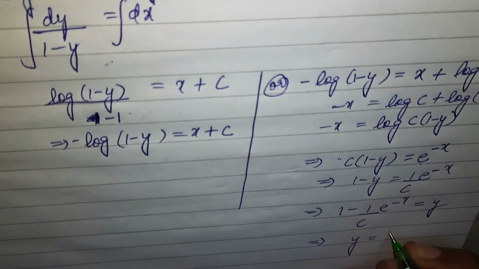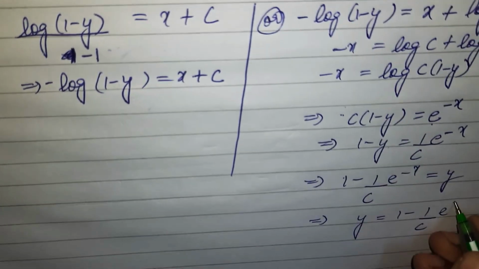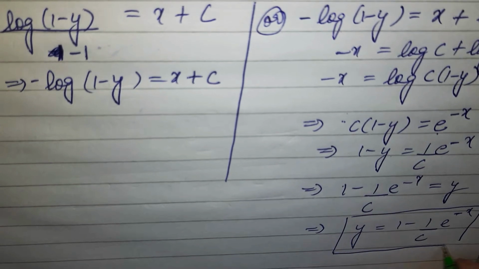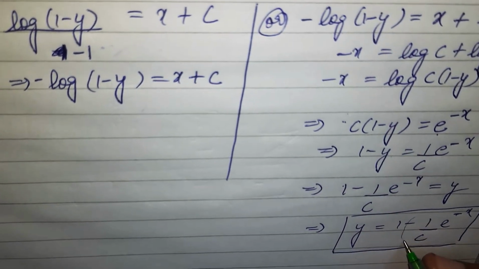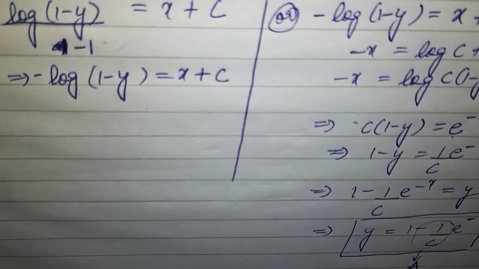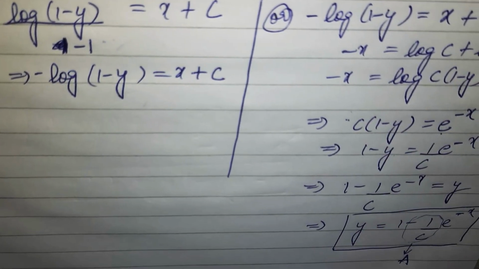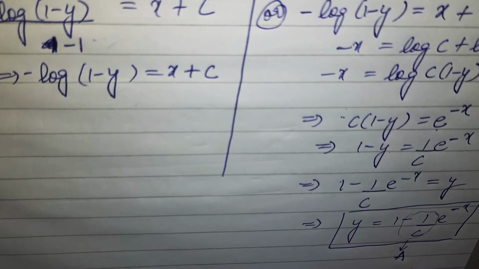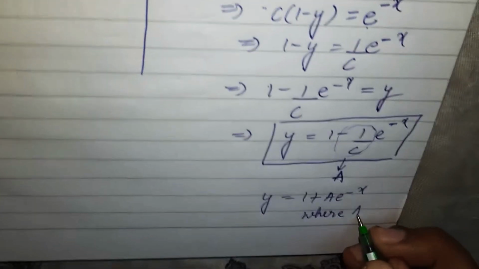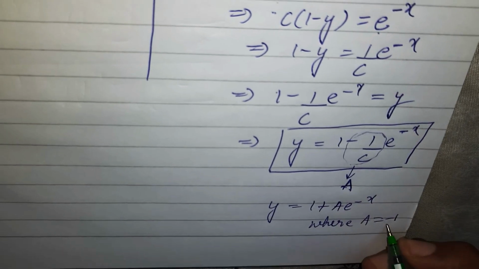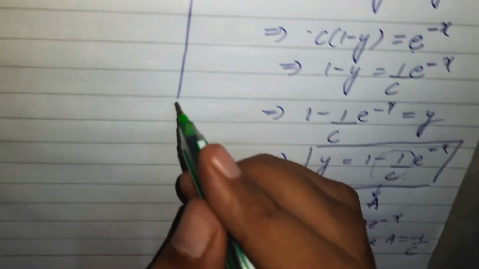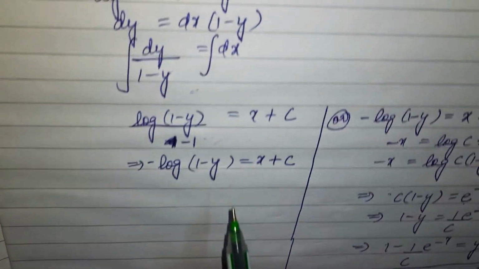So we can leave the answer like this also, and sometimes somebody takes this term as a, also a constant term, so it will become 1 plus a e raised to the power minus x, where you need to tell that a is minus 1 upon c, but it's not required. Actually you can leave the answer here only, or you can leave the answer here also.